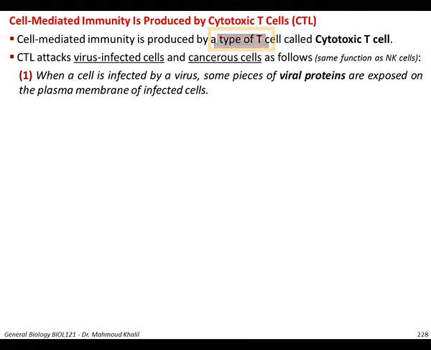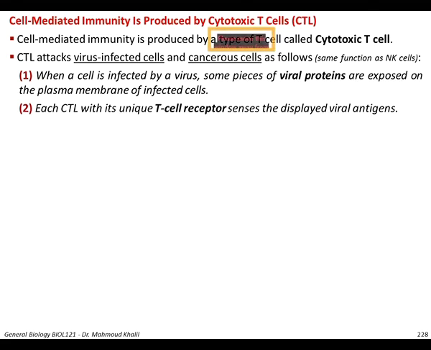So when a cell is infected by a virus, these virus-infected cells express viral protein on their surface. Each CTL, as we said, has a specific or unique T cell receptor that can sense this displayed viral antigen on the surface of the virus-infected cells. This specific T cell receptor on the CTL will bind to the viral antigen.